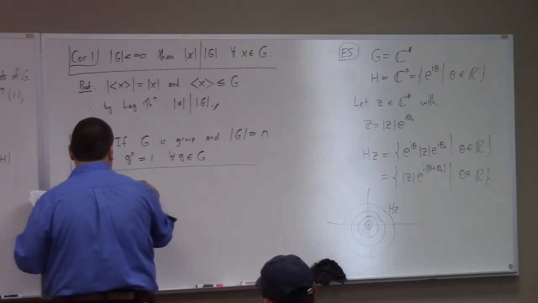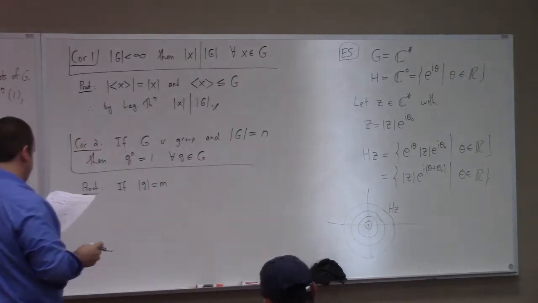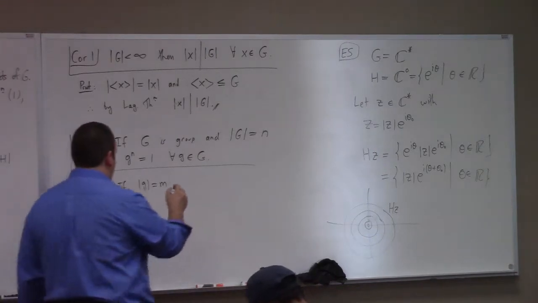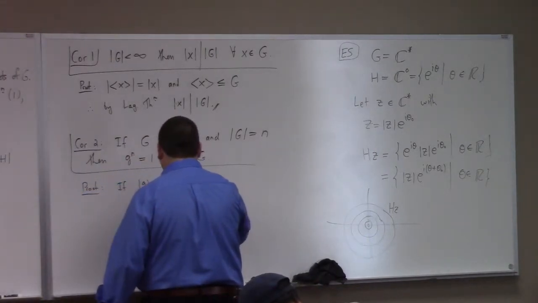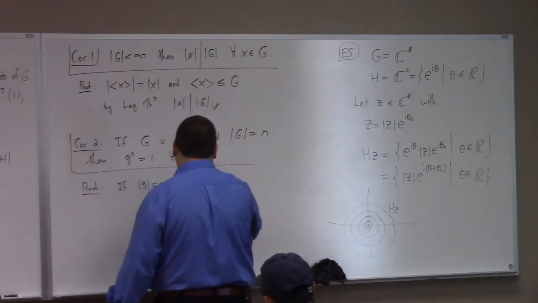If the order of g is equal to m, then by corollary 1, that implies that m divides n.